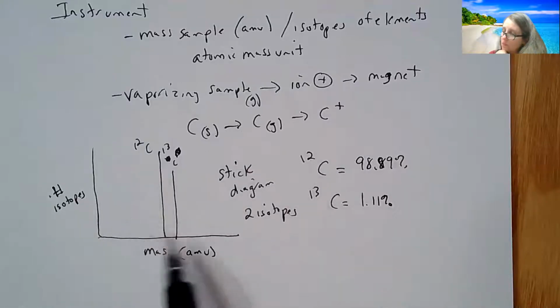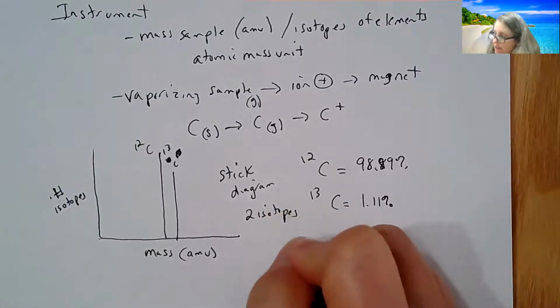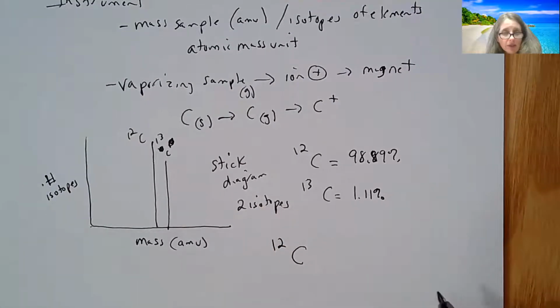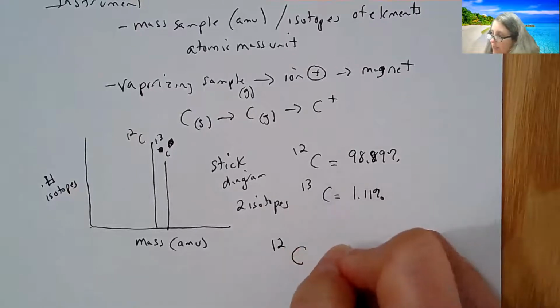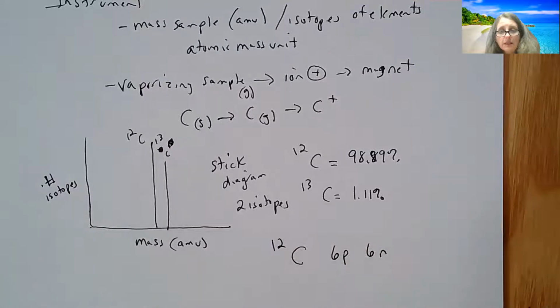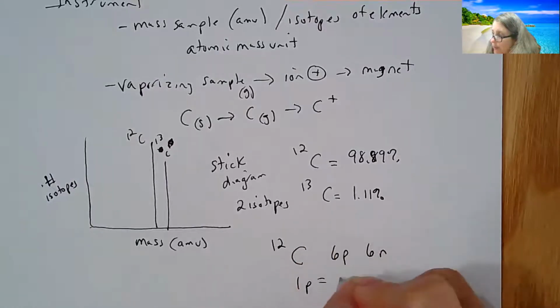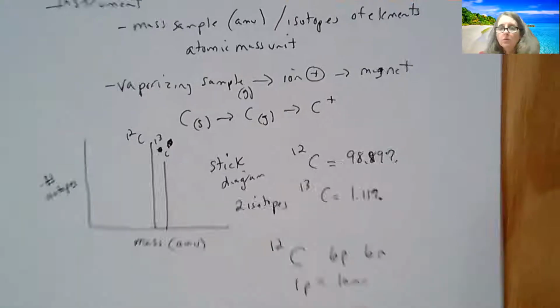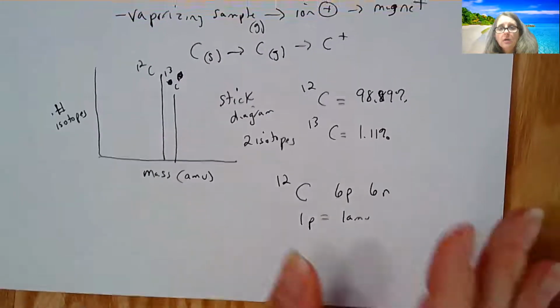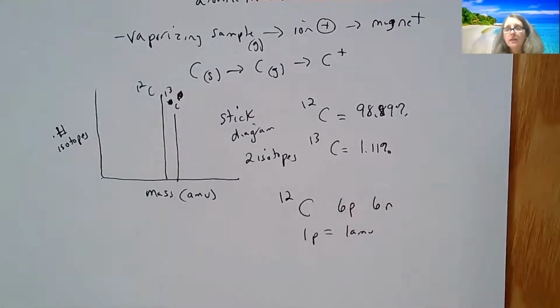So what the mass spectrometer does is give us some data as to what kind of isotopes we have. And it's all based off carbon 12, that particular isotope. So this particular isotope has 6 protons and 6 neutrons in its nucleus. So we say for every 1 proton of carbon 12, it is equal to 1 AMU. Okay, so this only exists for carbon 12. So carbon 13, you're not going to see that.